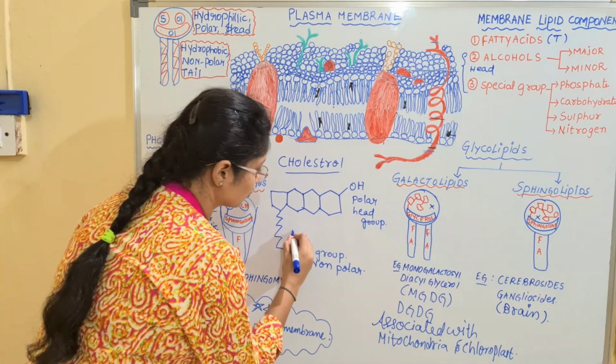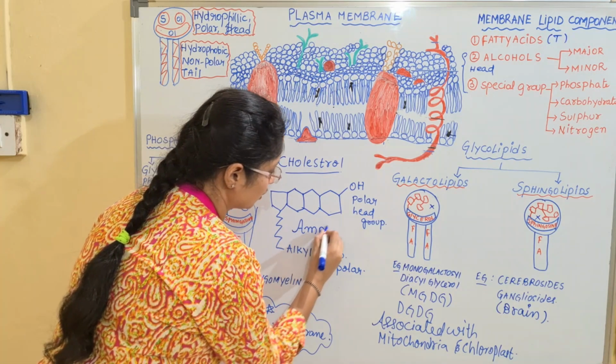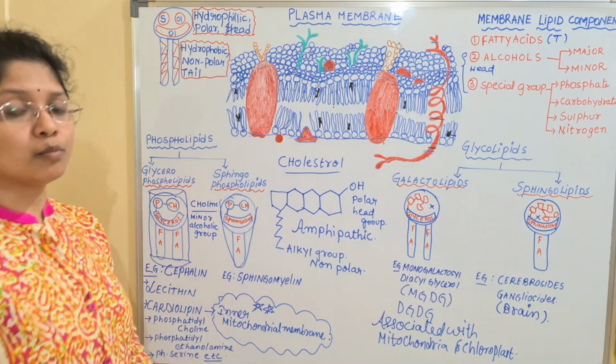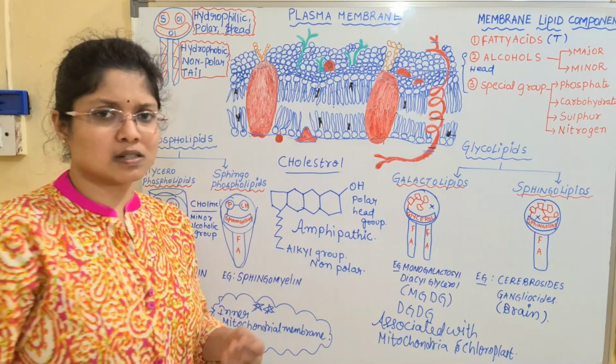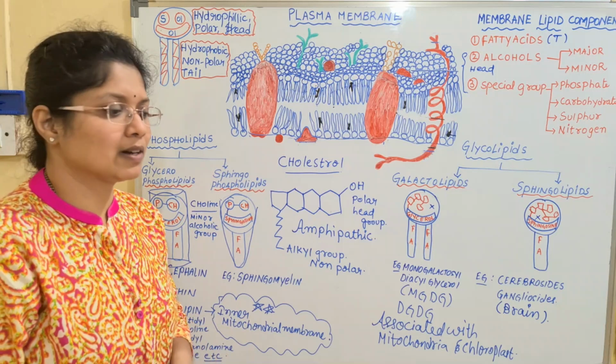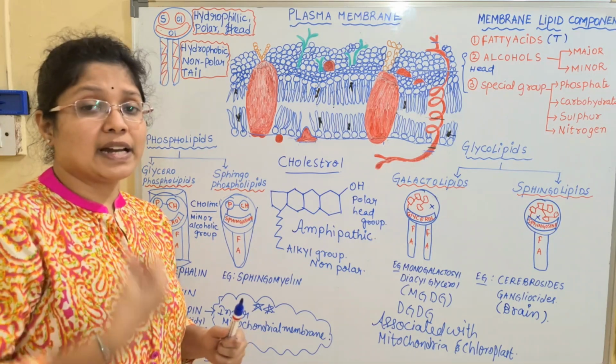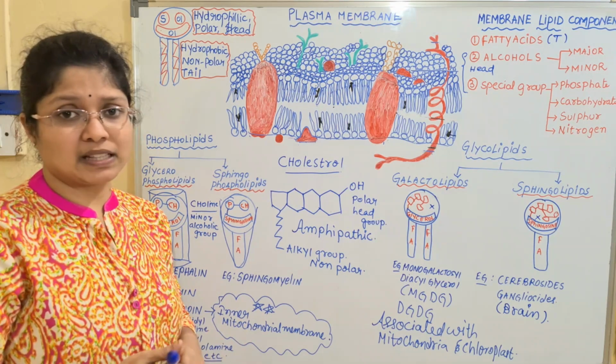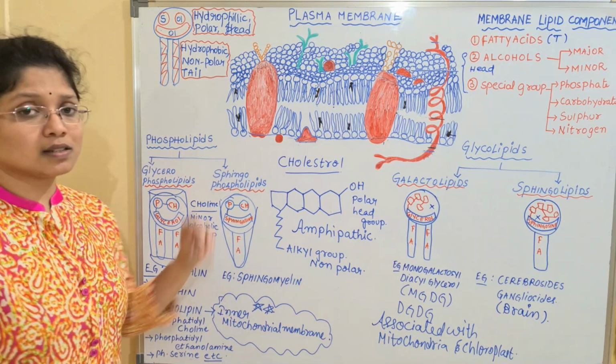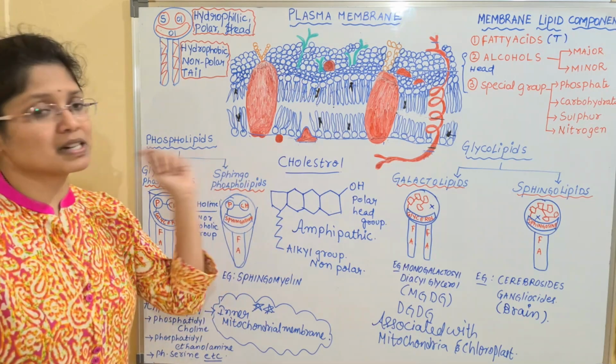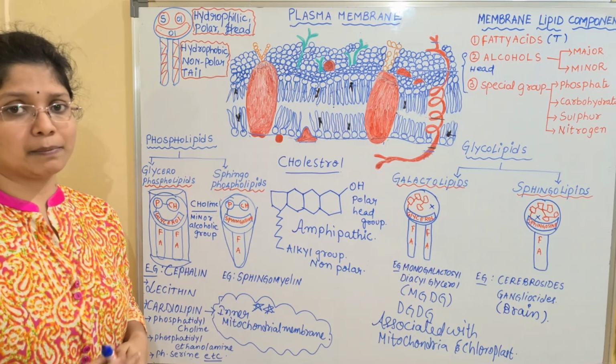So these are also amphipathic molecules. There is a lot more to discuss about cholesterol, how they maintain stability on the membrane, that we will be discussing later. This is regarding the type of lipids associated with the plasma membrane.